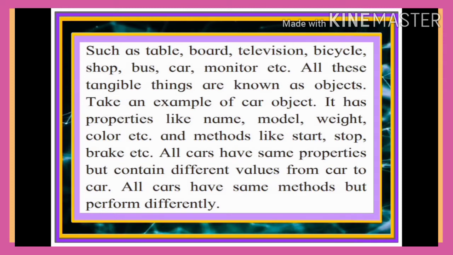It has properties like name, model, weight, color, etc. and methods like start, stop, brake, etc. All cars have the same properties but contain different values from car to car. All cars have the same methods but perform differently.